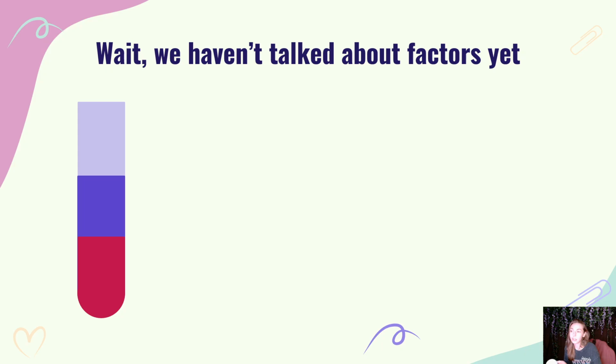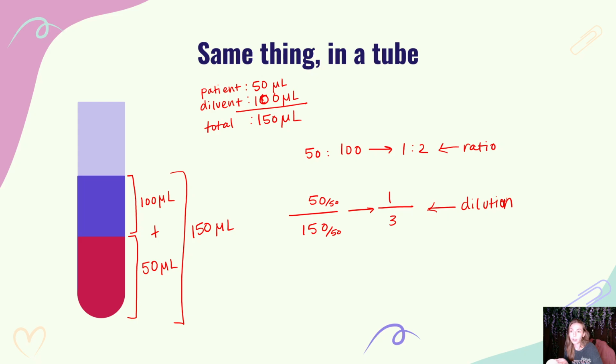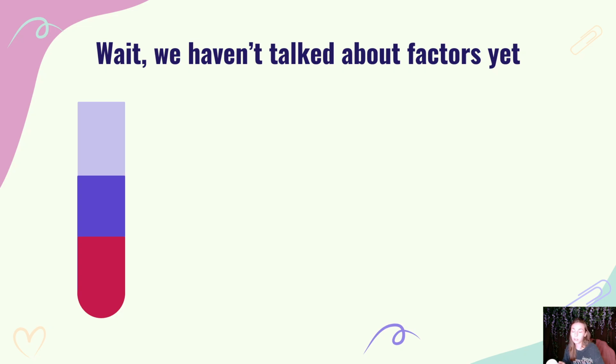Well, in this context, right, let's say that what we just did, we have 50 microliters and 100 microliters. But let's say that this patient specimen, now we'll get to that in a second, I'll add that at the end.